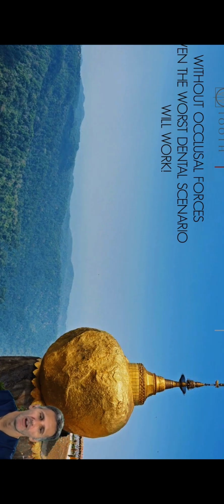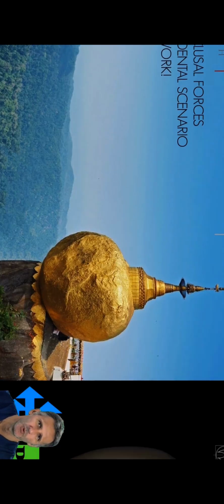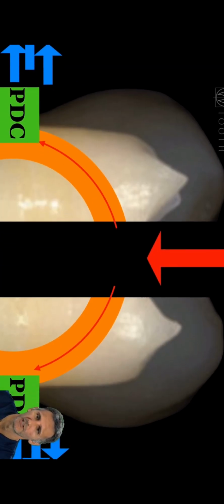So of course, without occlusal forces, even the worst dental scenario will work. The problem is that sometimes we are lucky and you have patients with an easy scenario, like vertical force vectors, but many times we aren't. So we have to understand where we can push things a little bit and when we have to be more aware of what is happening.